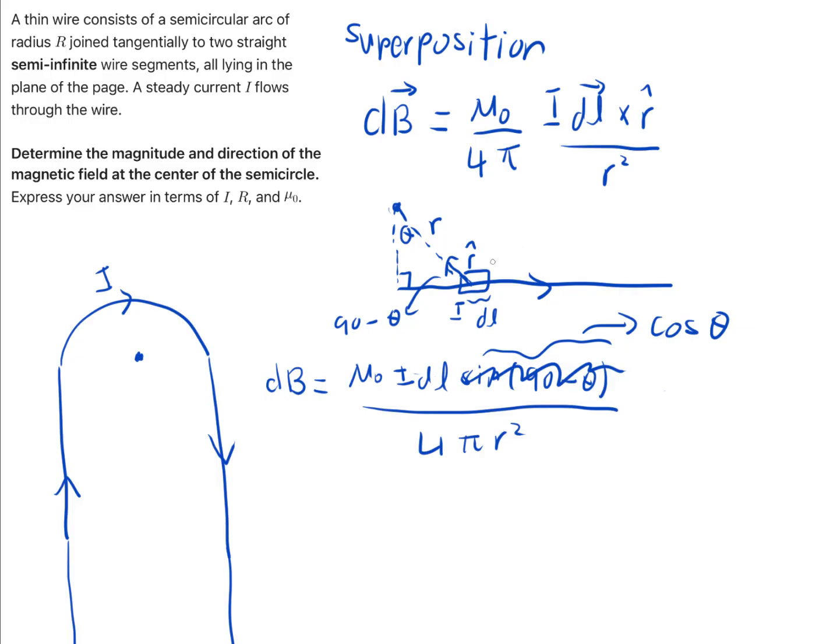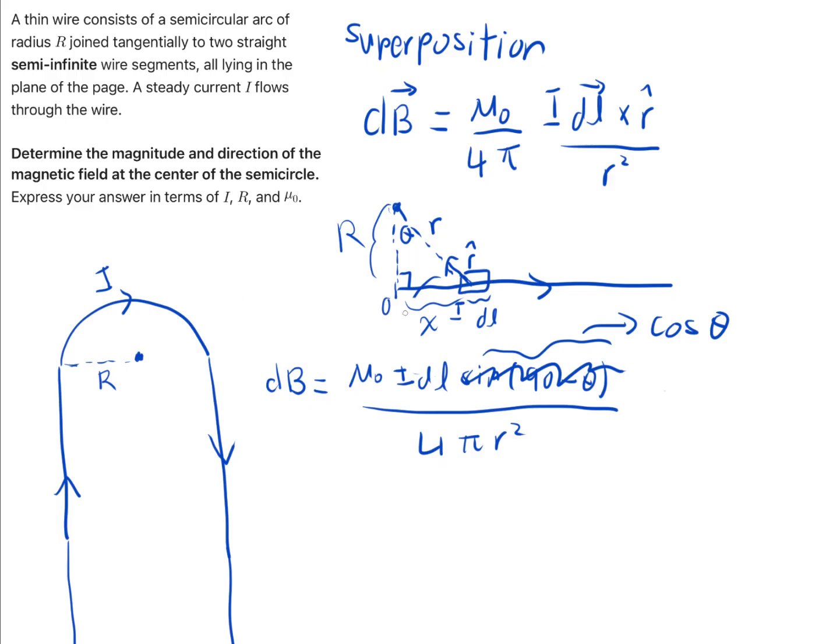And now we want to either write everything in terms of theta or in terms of x. One more thing. Let's call the distance from the start, let's say this is 0, let's call that distance x. And this distance is going to be r, because if we look over here, this distance is r, and that corresponds to this distance here.